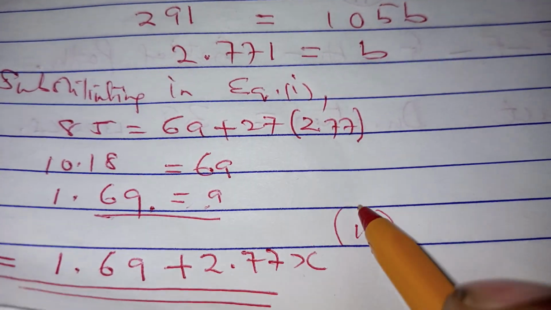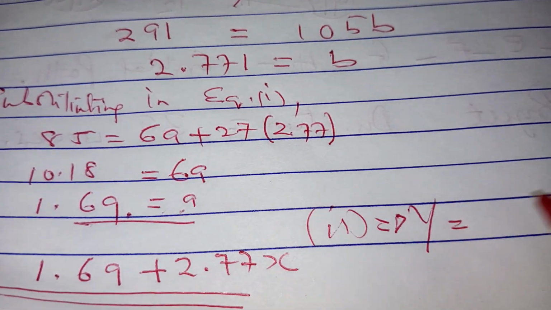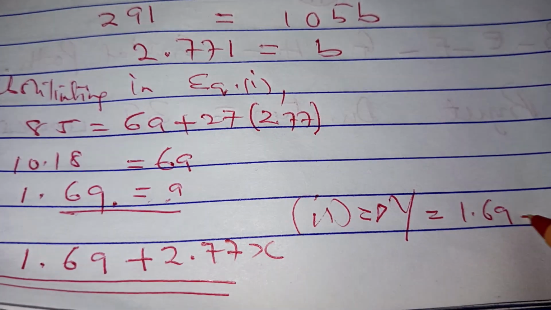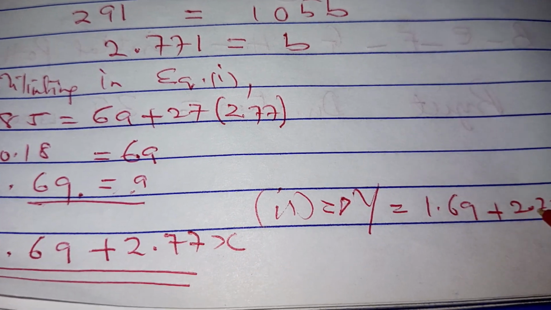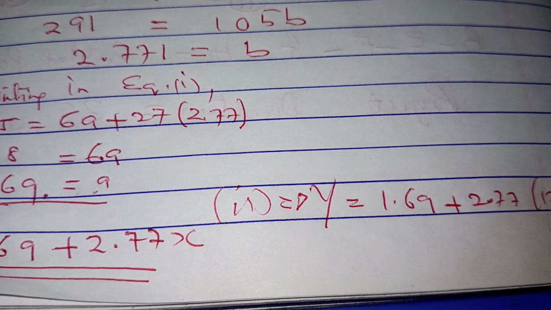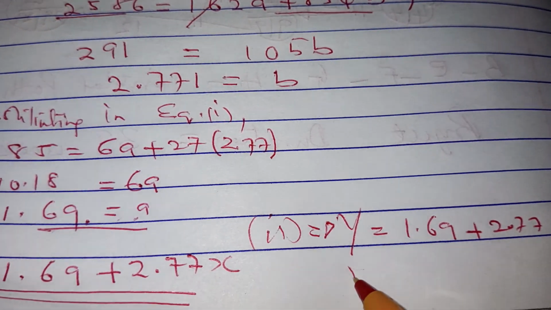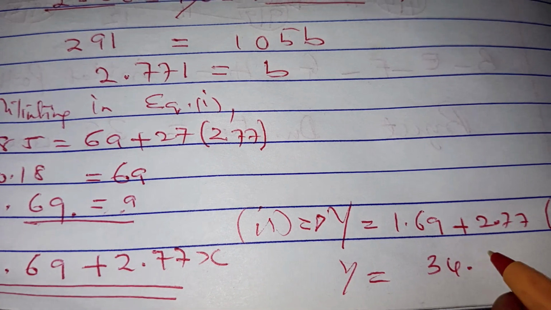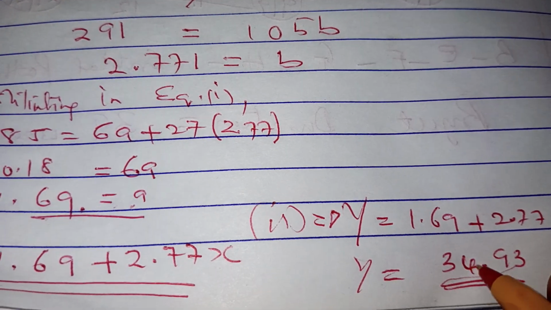Therefore, y, or total cost, is given as a, 1.69, plus b, 2.77, times x, which is 12 units, and therefore total cost now becomes 34.93 shillings. Could be millions, could be thousands.